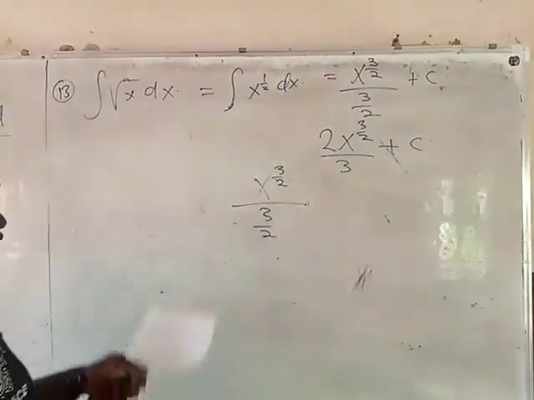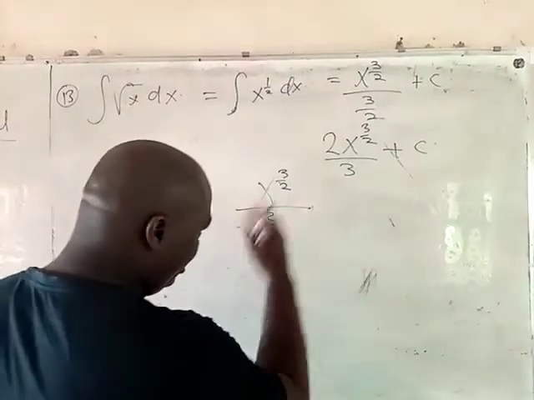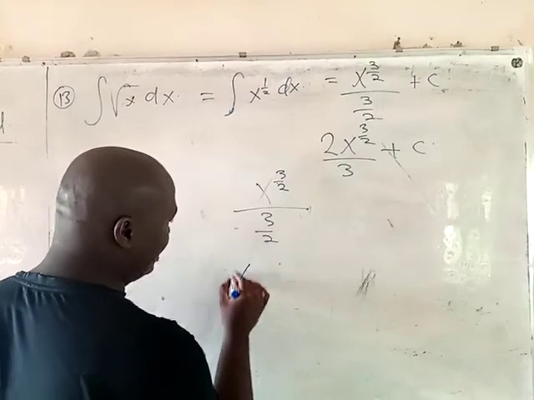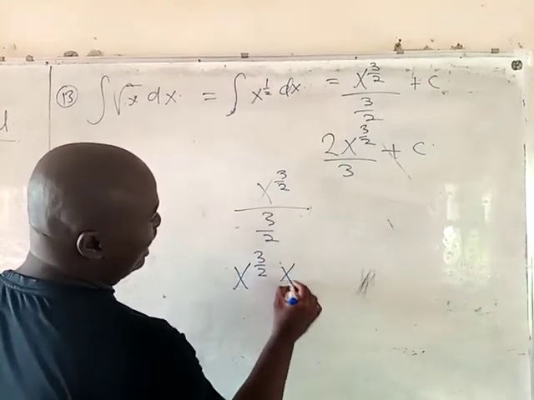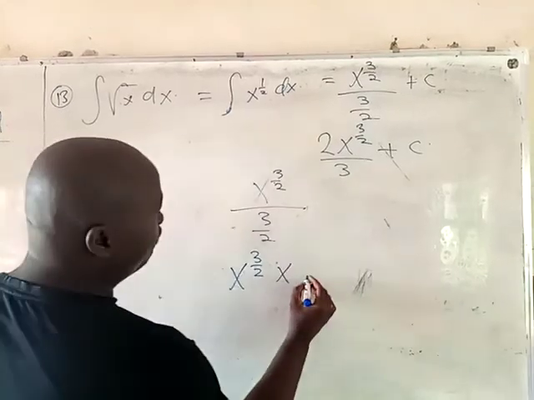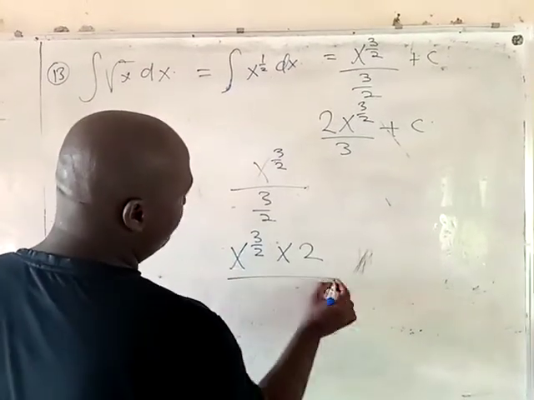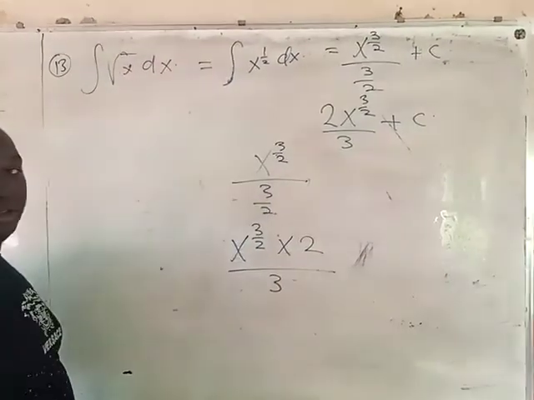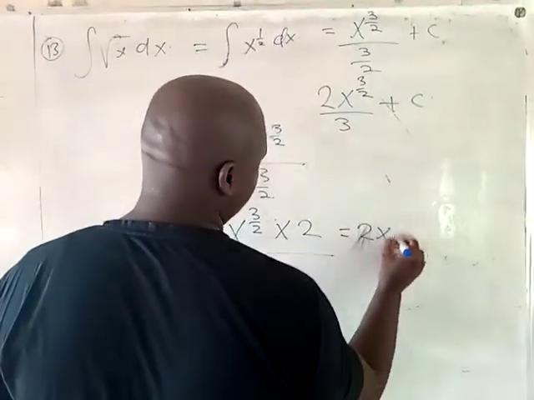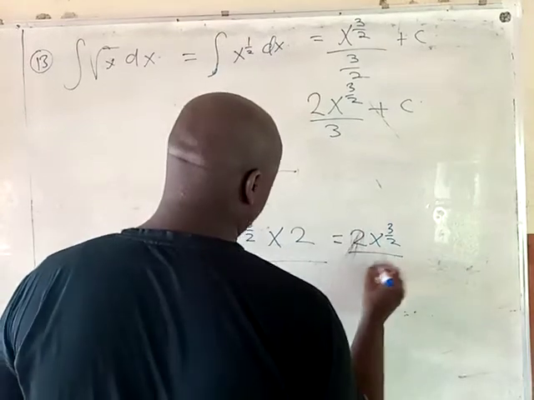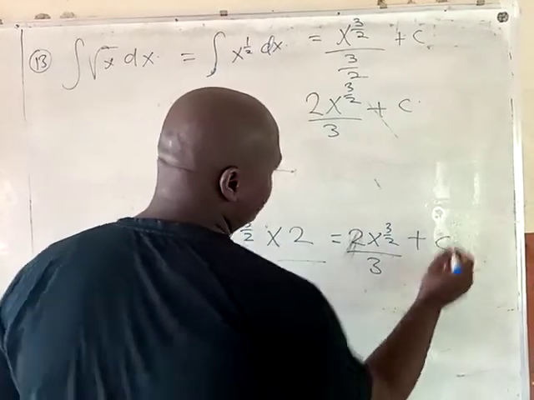So basically what I just did is I inverted it. This is the same thing as x raised to the power of 3 all over 2, times this will come up. So you have 2 all over 1, while this one remains. Are you with me? So that's why I got this answer, which is 2x^(3/2) divided by 3 plus C.